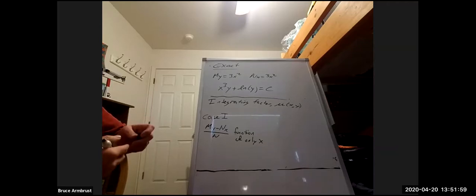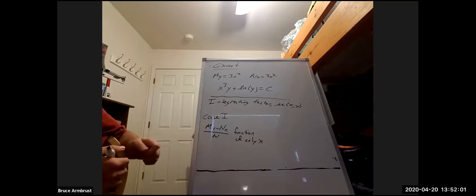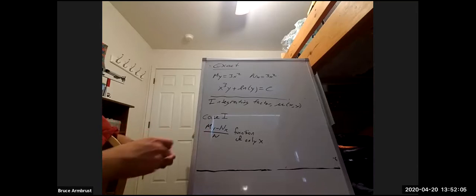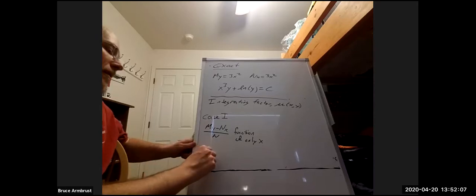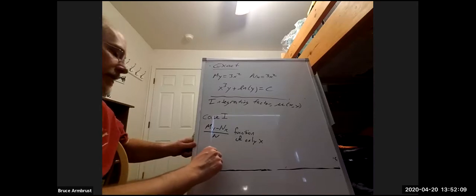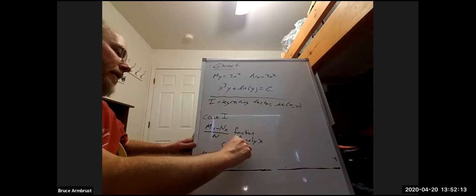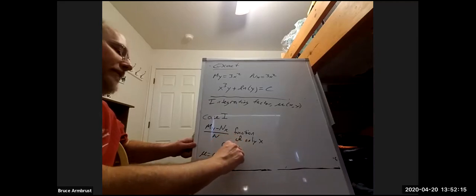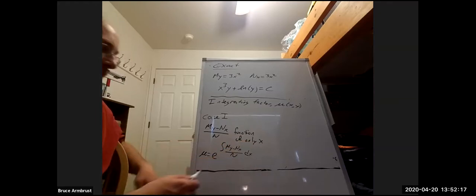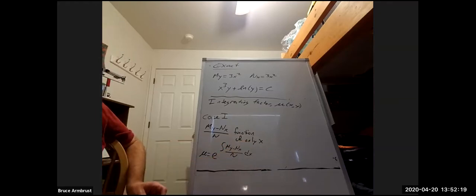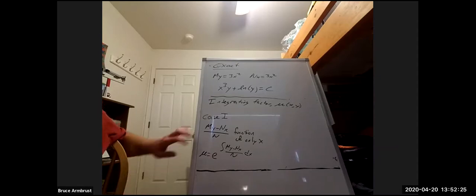So if, when doing this, my minus nx over n is a function of only x, then mu is going to be equal to e to the integral of my minus nx over n dx. So that's a good situation.